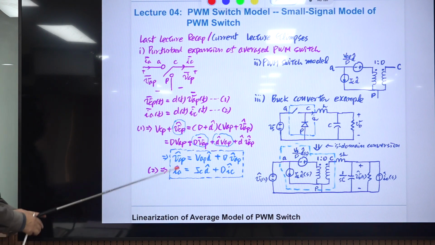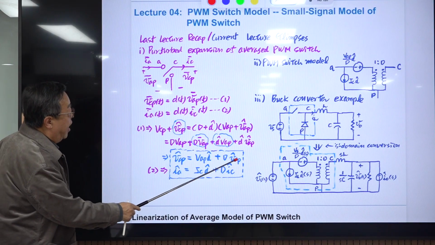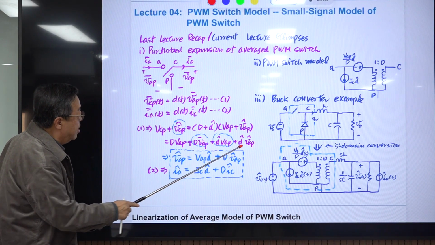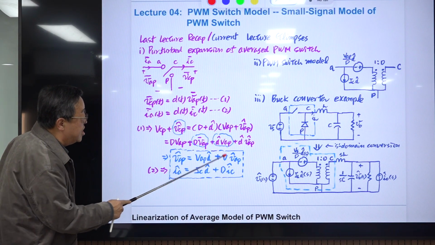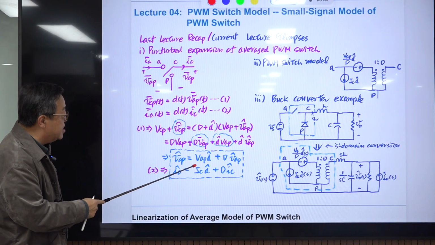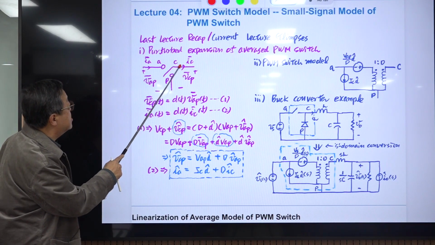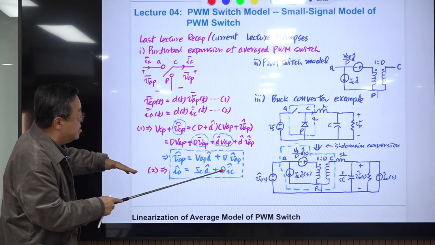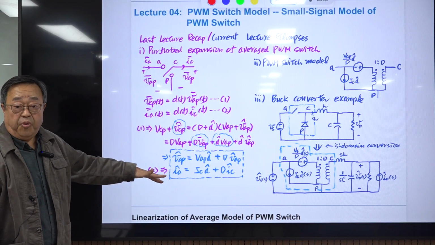Okay. So VCP hat is a combination of D hat and VAP hat. It's a linear combination, and the weighting factors are VAP and D. This is the DC information, a DC variable. The same is true for IC, which is the DC component of the current going out from the C terminal, and this steady state duty ratio is also a DC component.